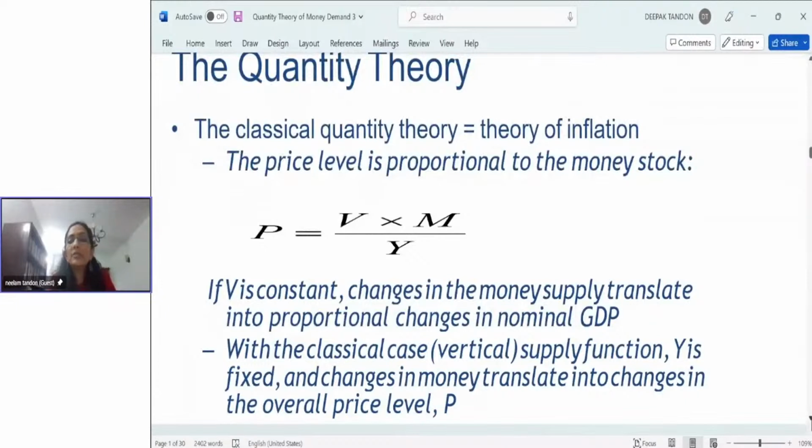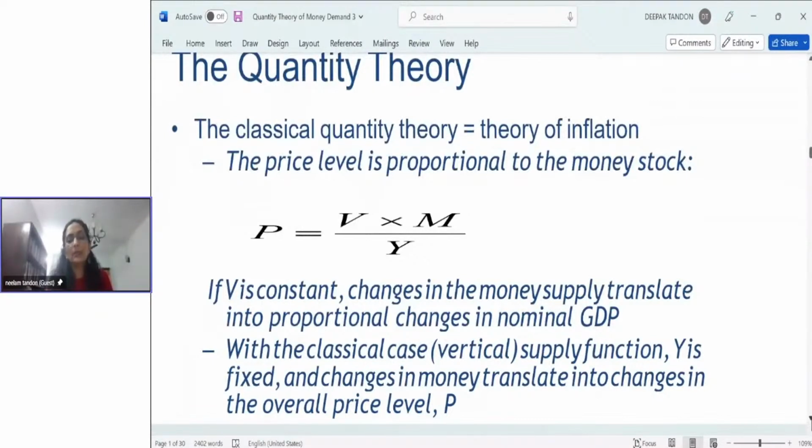Fisher spoke from which perspective? He spoke from the perspective of money as a mode of transaction. So this is how it happens. Please keep in mind that in the classical theory, Fisher emphasized which function of money?